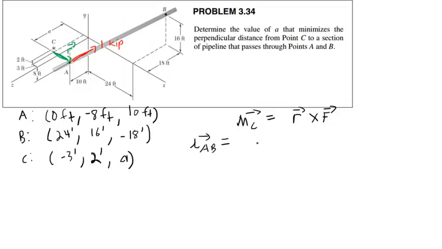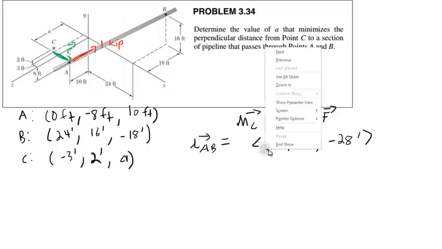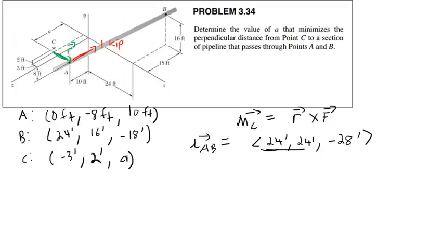All right, so this means the vector 24 feet, comma, 24 feet, comma, negative 28 feet, all over the square root of 24 squared plus 24 squared plus 28 squared.